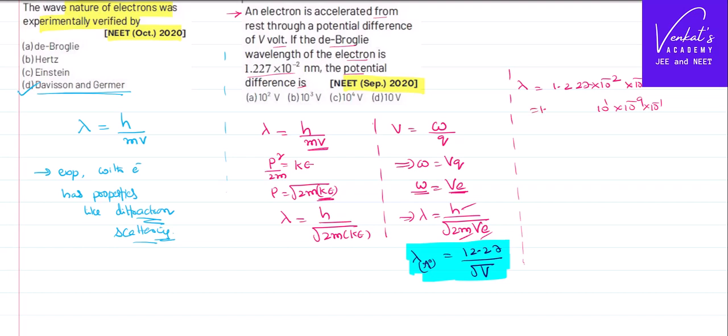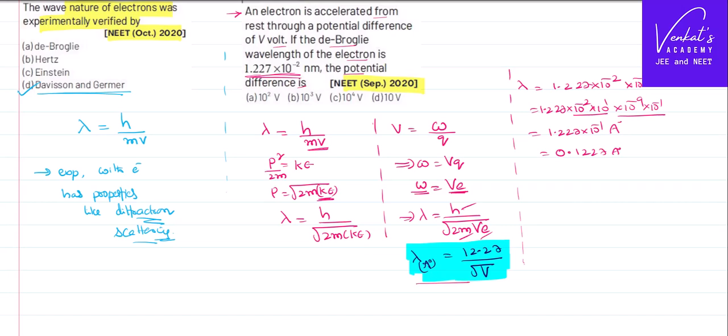Everything else has to remain the same. This minus 2 becomes minus 1 because I have multiplied with 10 power plus 1. So 10 power minus 1 angstrom, that is 0.1227 angstrom. I have just converted the nanometer into angstrom.